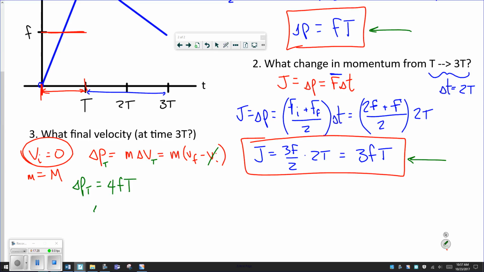So that means 4fT equals m times v final, the thing we're looking for. So the only thing we can say is that v final is 4fT over big M. And we're done.